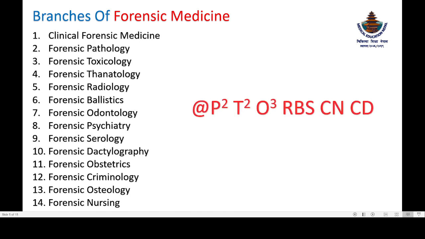To memorize these branches, I have given a mnemonic over here: P square, T square, O cube, RBS, C, and CD. It will be better if you memorize them in the same pattern as I have given here: clinical forensic medicine, then forensic pathology, toxicology, thanatology. But if you cannot, then you can use this mnemonic.